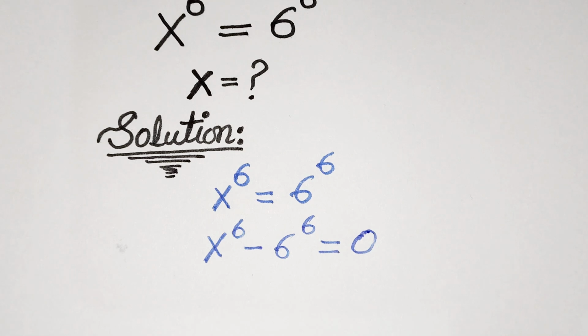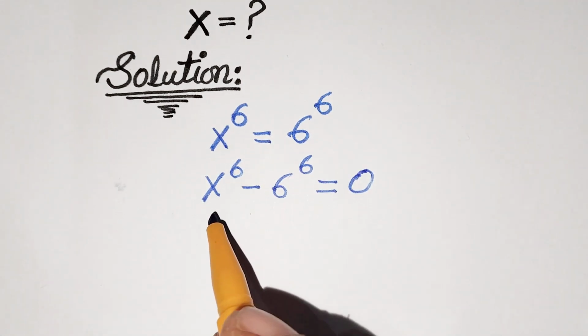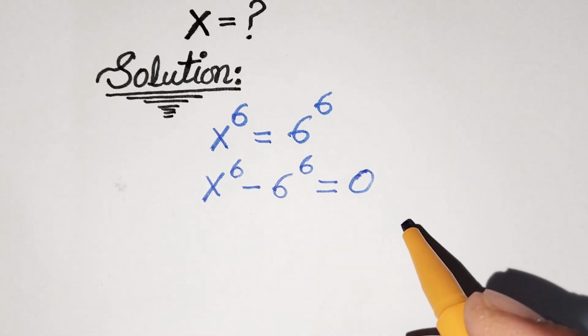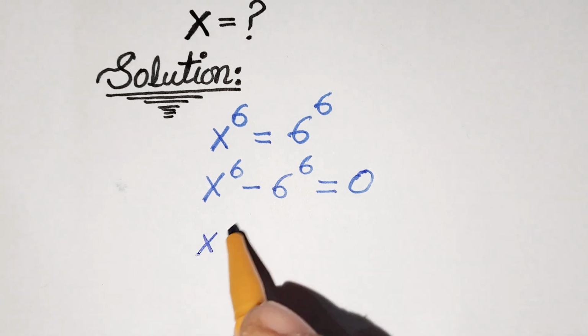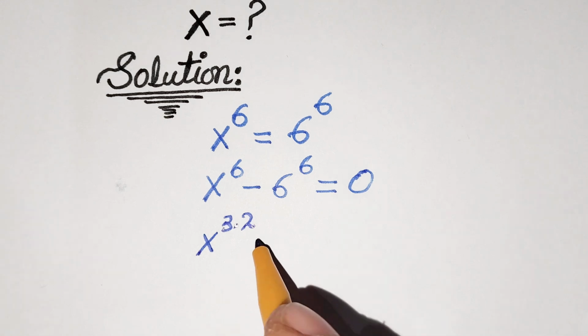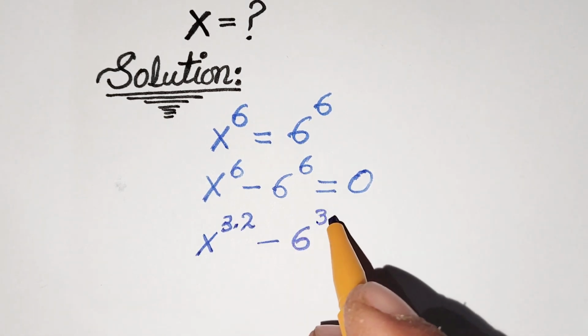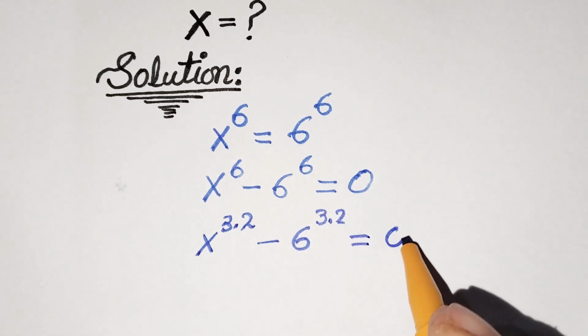Now using an exponential law that we know, we can write it like x to the power 3 times 2 minus 6 to the power 3 times 2, which is equal to 0.